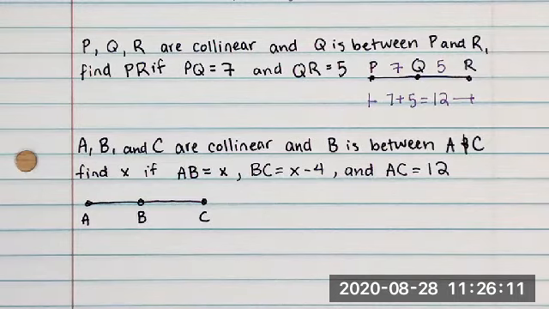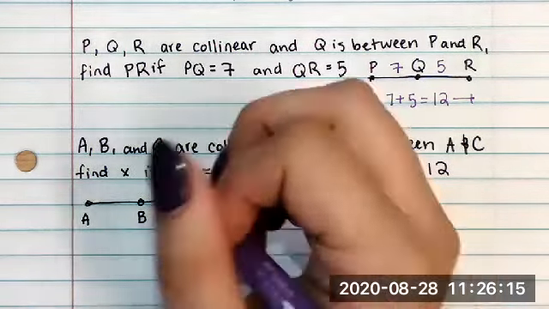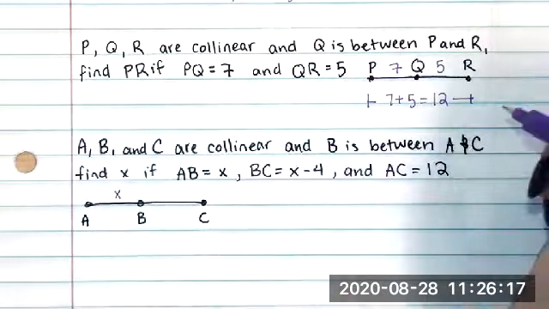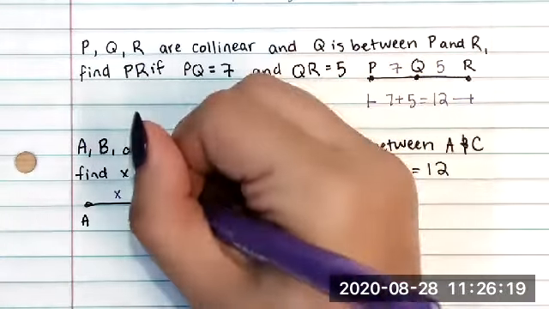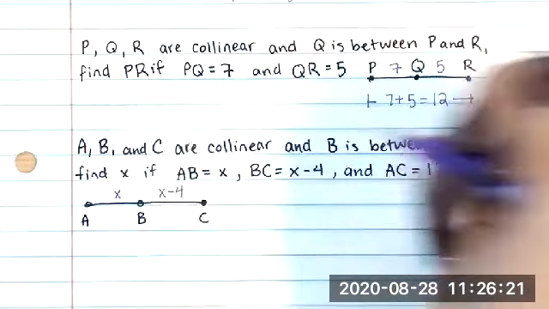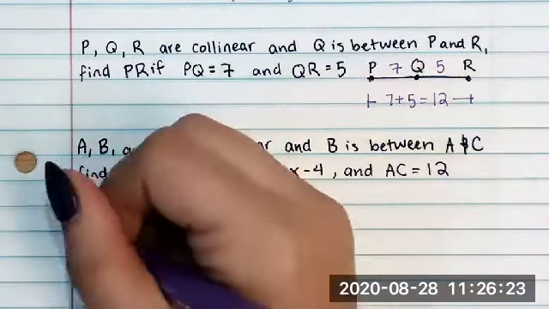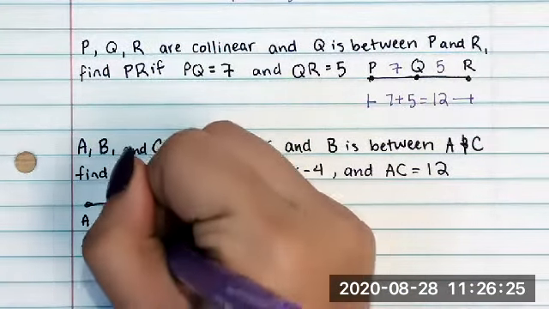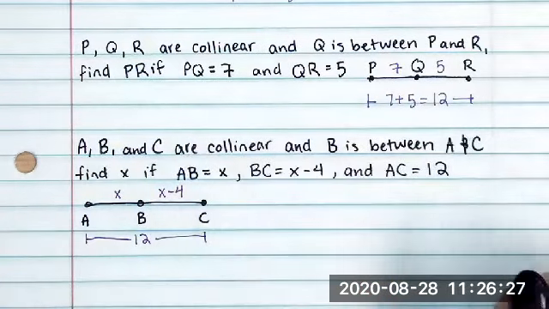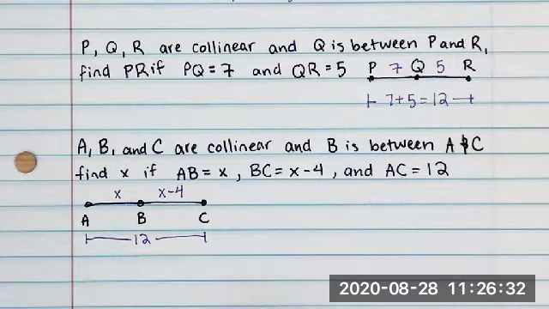And then I'm going to go in and label. They told me that from A to B is X units long. From B to C is X minus 4 units long. And then the whole thing is 12 units long.